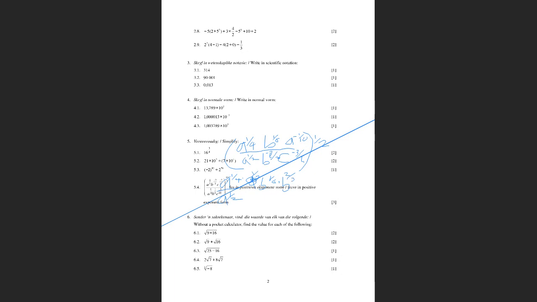Then the C, because it's negative, negative, I must flip it so that it becomes positive, positive. So it's going to be C 3 over 5 divided by C 1 over 10. Remember that it's all over 1 over 2.